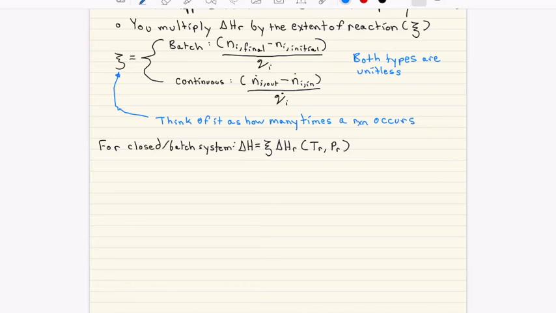I call these TR and PR, and these are just the temperature and pressure where the reaction occurs.